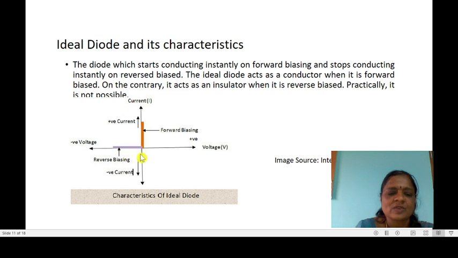In the reverse bias, even if you increase the voltage, you do not get any current, zero current, because in the reverse bias the diode acts as an insulator. Whereas in the forward bias, your diode acts as a conductor. So the ideal diode is the perfect one. Let us hope all of you understood the IV characteristics of the PN junction diode.